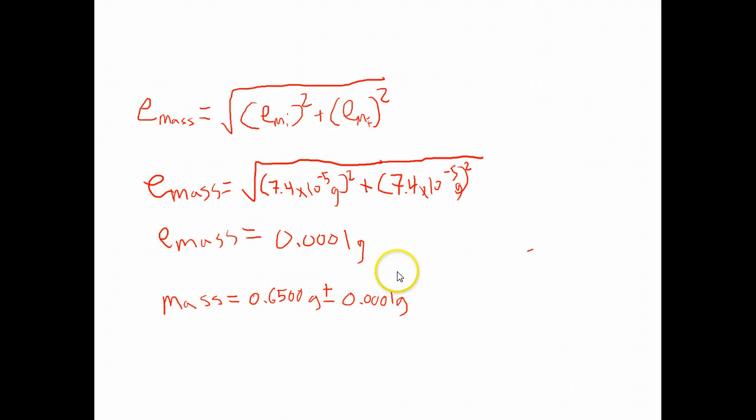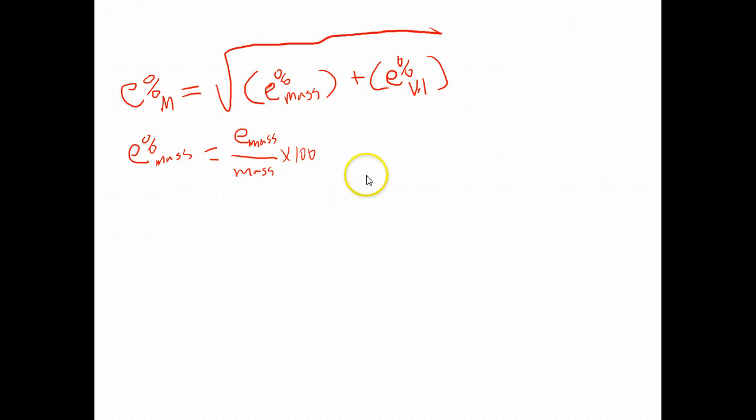Our error is 0.001 grams, and our mass is 0.6500 grams, and so if we plug that in, we get 0.001 grams divided by 0.6500 grams times 100.